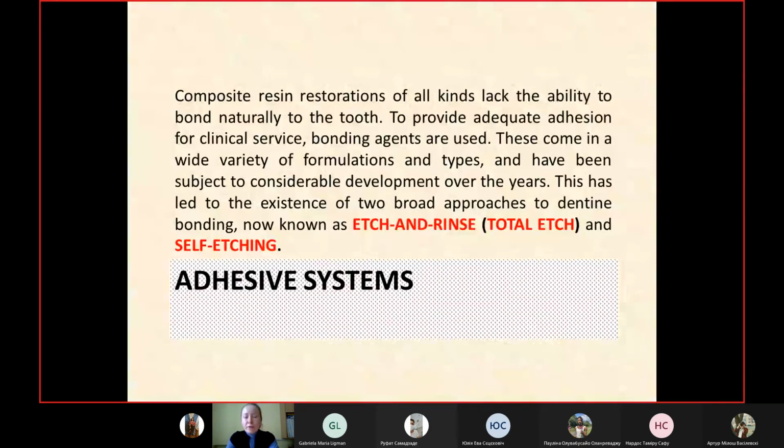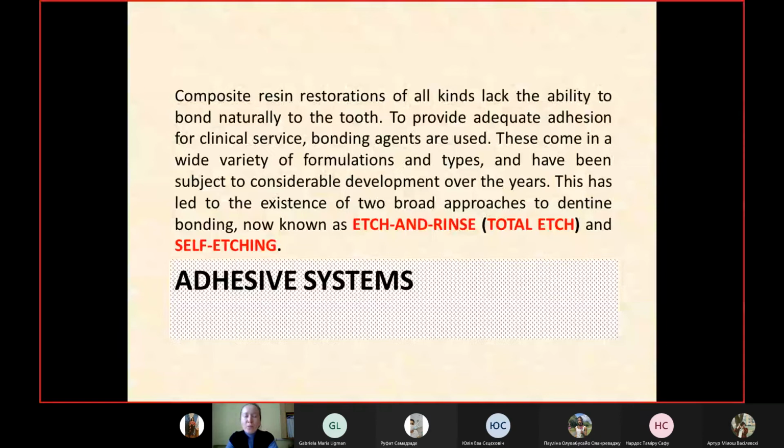Talking about resin composites, we can't not talk about the adhesive systems, because without adhesive system, resin composites can't work, because they don't have any bonding to tooth tissues.